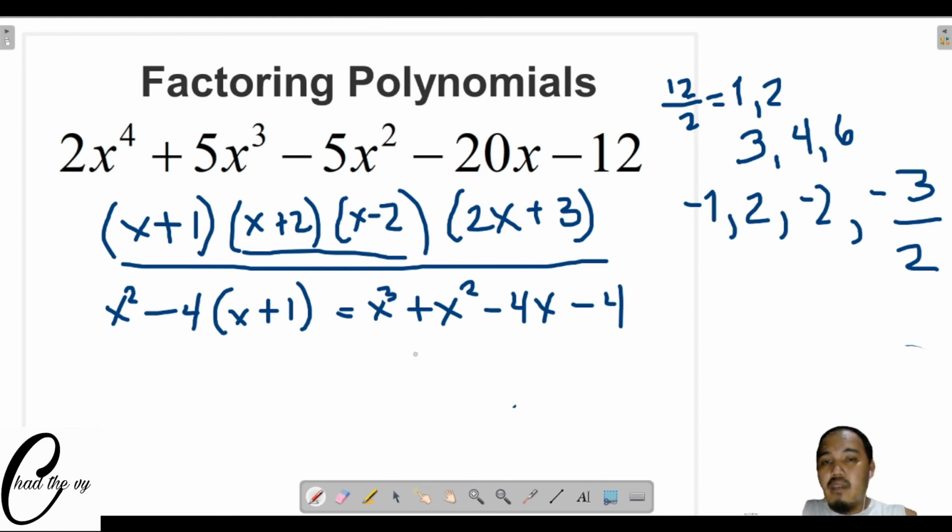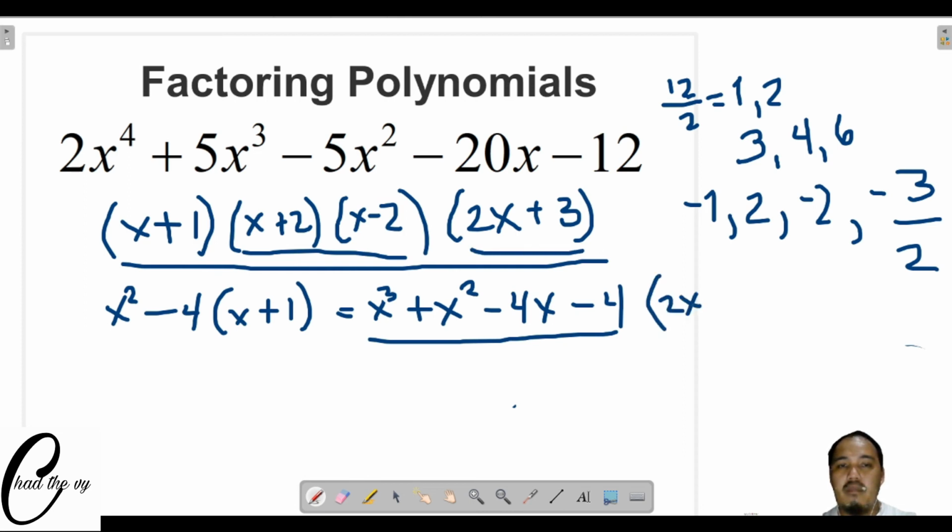Ngayon, simplify na natin. Multiply na natin dito sa 2x plus 3. So, x raised to 3 times 2x is 2x raised to 4.